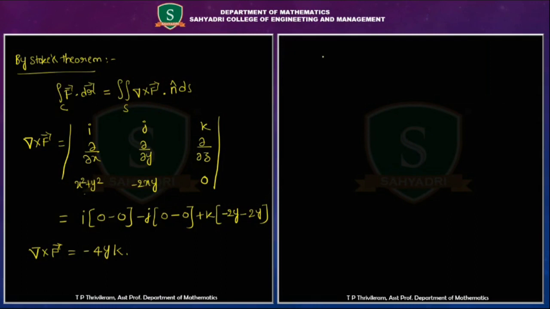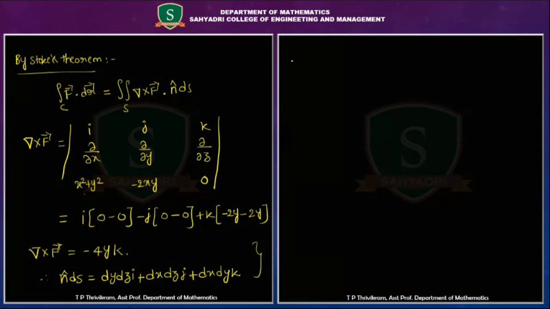Since we are having n cap ds value is dy dz i plus dx dz j plus dx dy k. Okay, so we need to do the dot product between these two.